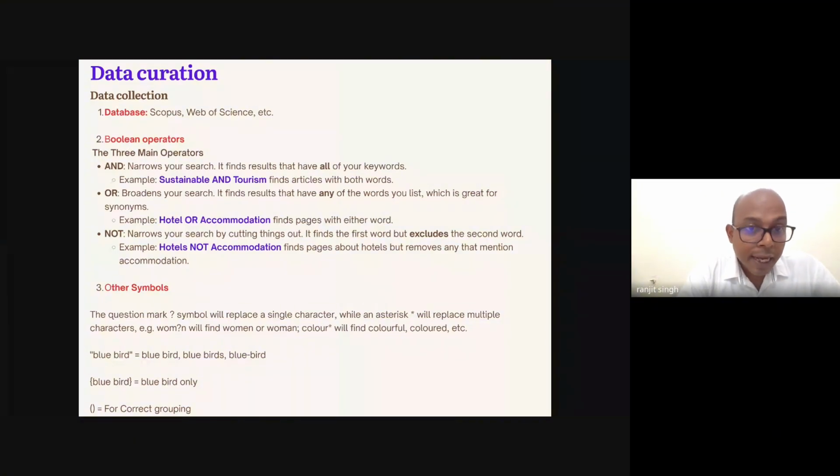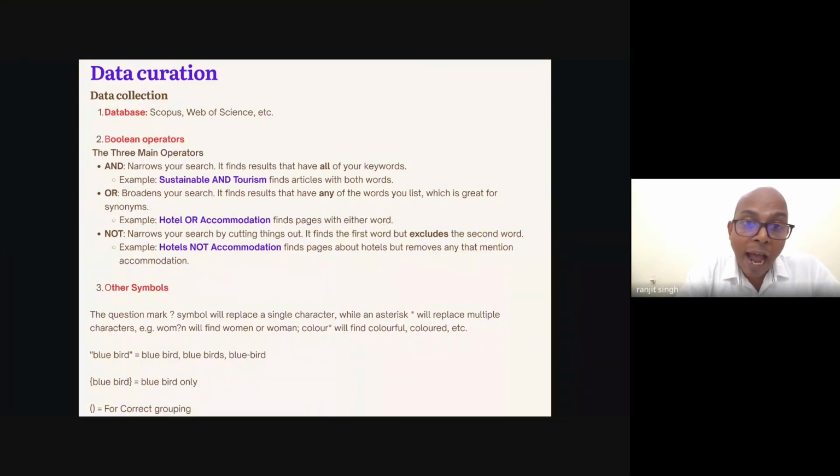So in this case, the Boolean operator OR will be more helpful, because you can add hotel OR accommodation OR resort. By using OR, it will produce the articles which mention any of these keywords. If the article mentions hotel, it will be produced by Scopus. If it also mentions accommodation, it will be produced, or resort, it will also be produced.